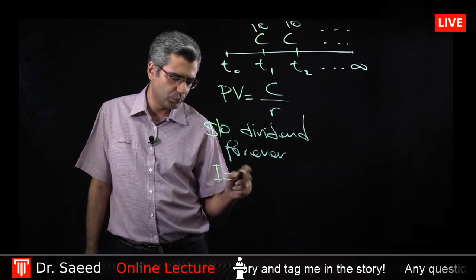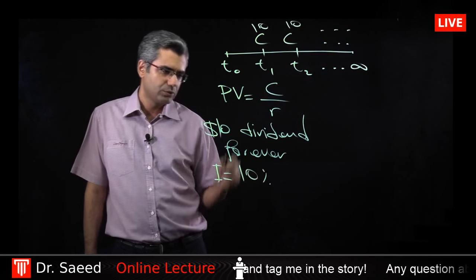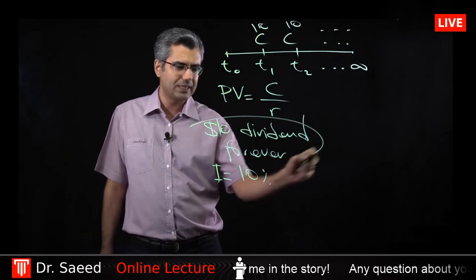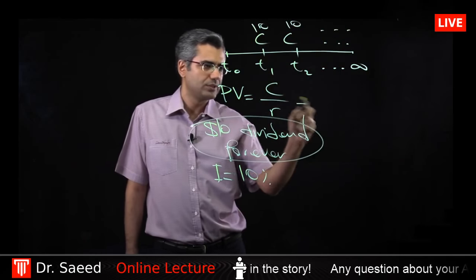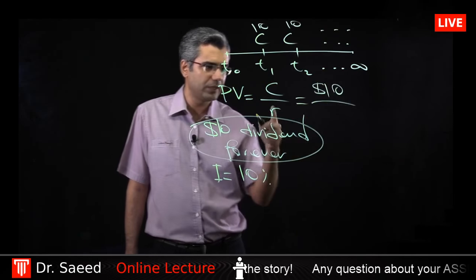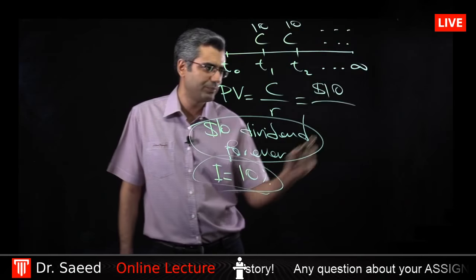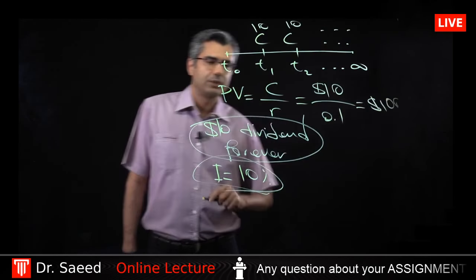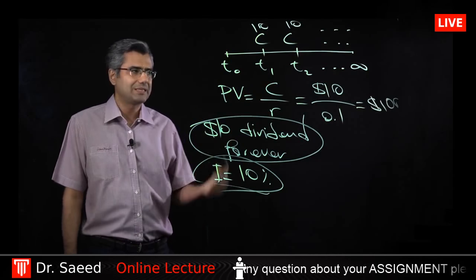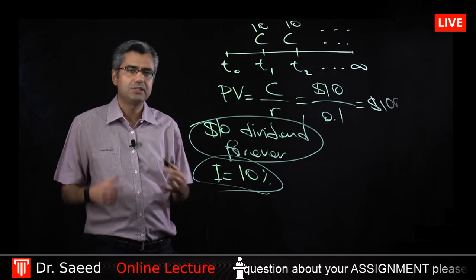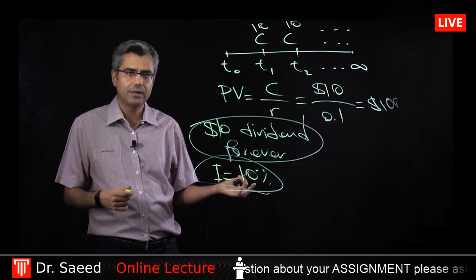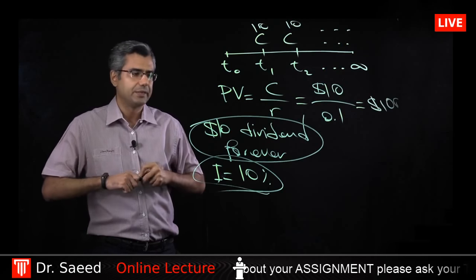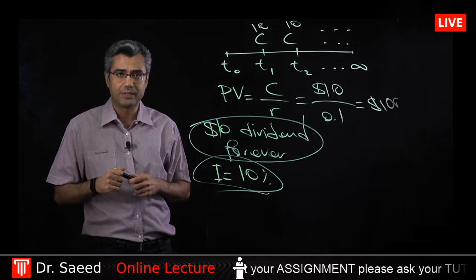So it's $10 divided by the interest rate, which is 0.1. This means the present value of these future cash flows going forever is $100. Means if you pay $100, you expect to receive $10 forever every year if the interest rate is 10%.